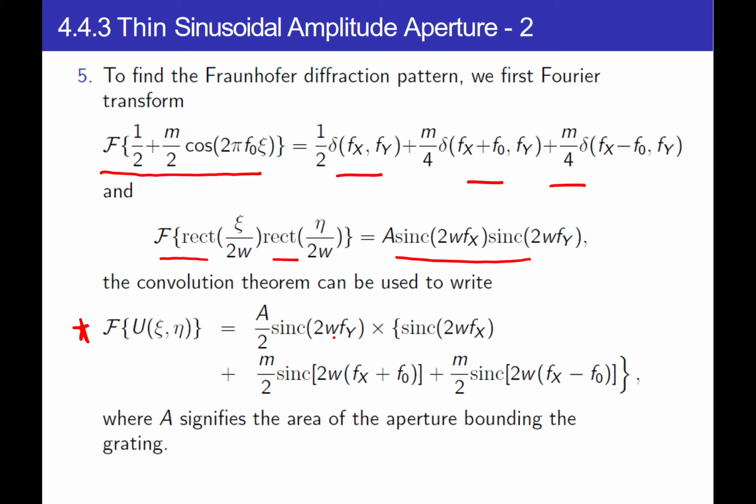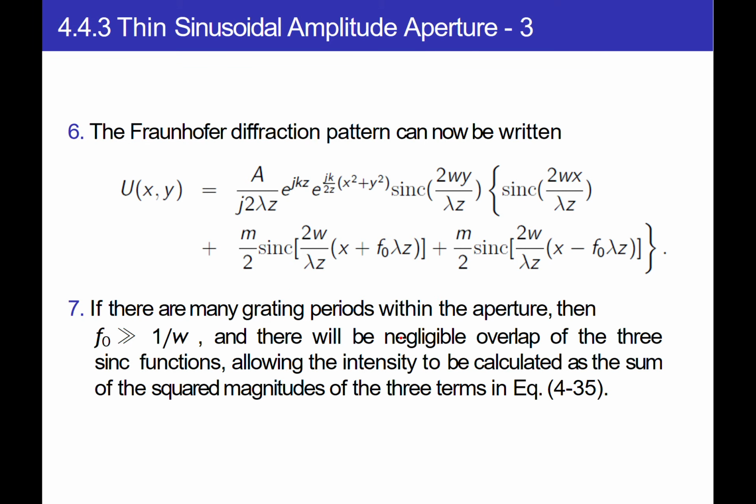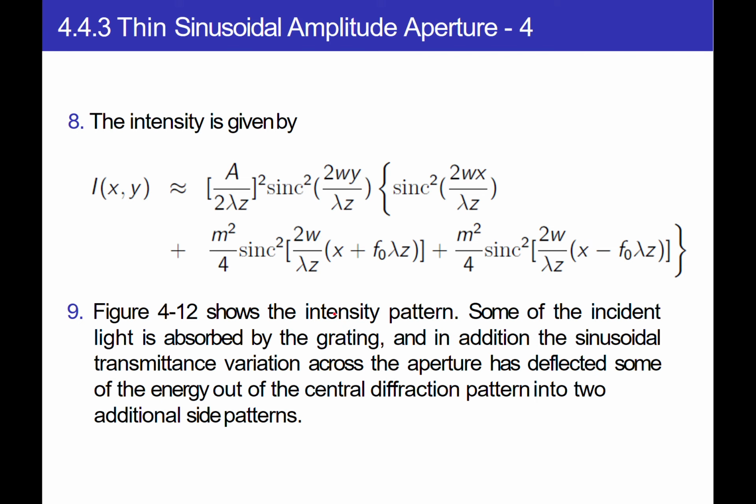So we have a sinc function multiplied by another sinc function, and then shifted by these functions, right? And then the Fraunhofer diffraction pattern can now be written in terms of this one, and it looks like the intensity is now the absolute magnitude squared. It becomes a sinc square.